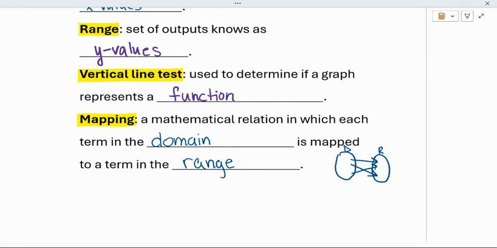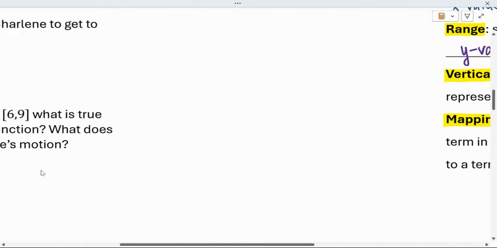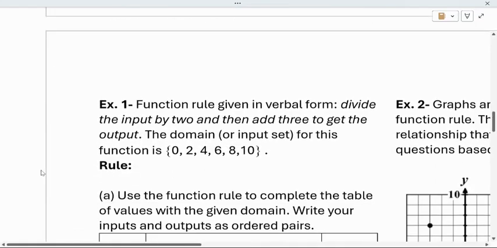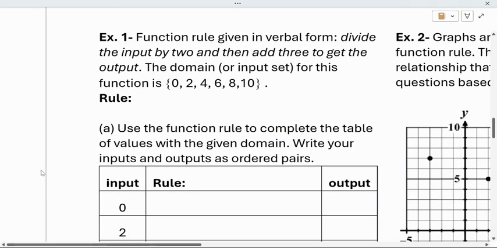So I want to get through examples 1, 2, and 3. And then I'll get you guys started on finishing up your test. Can I go to the next page? Okay. So we're going to go to example number 1. Here, example number 1 says, function rule given in verbal form.